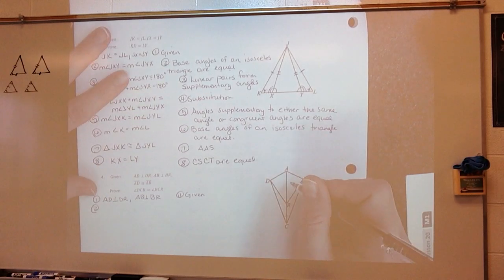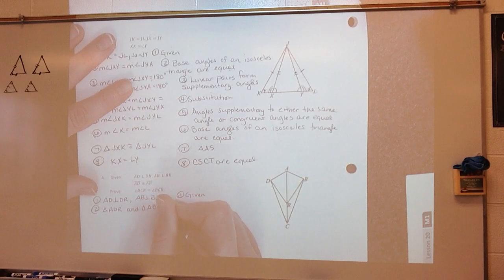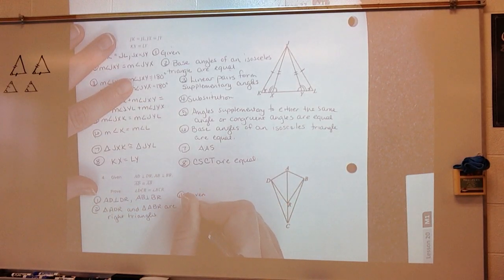So I know that triangle ADR and triangle ABR are right triangles. And I know that because of the definition of right triangle.